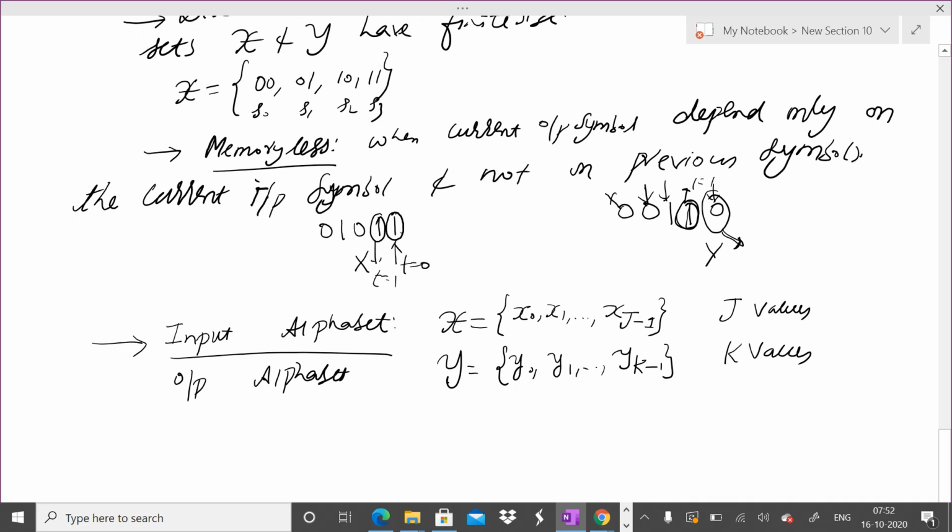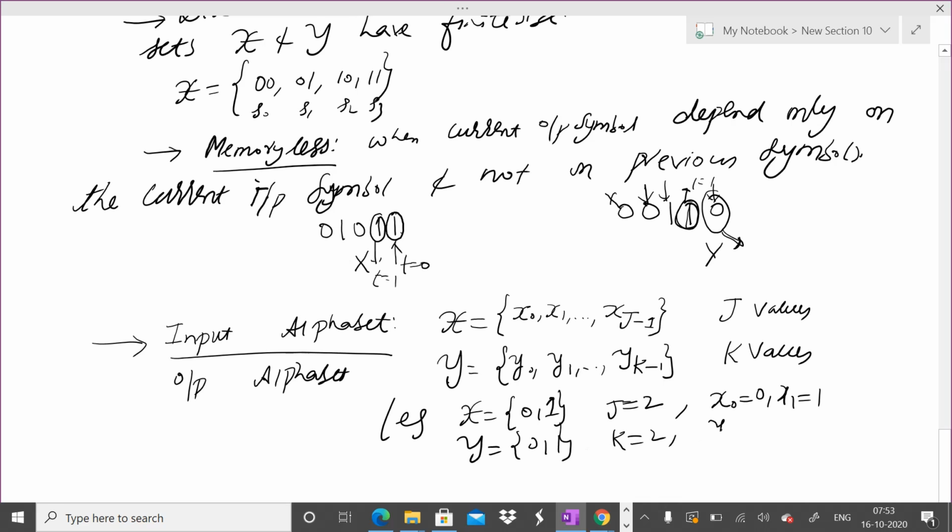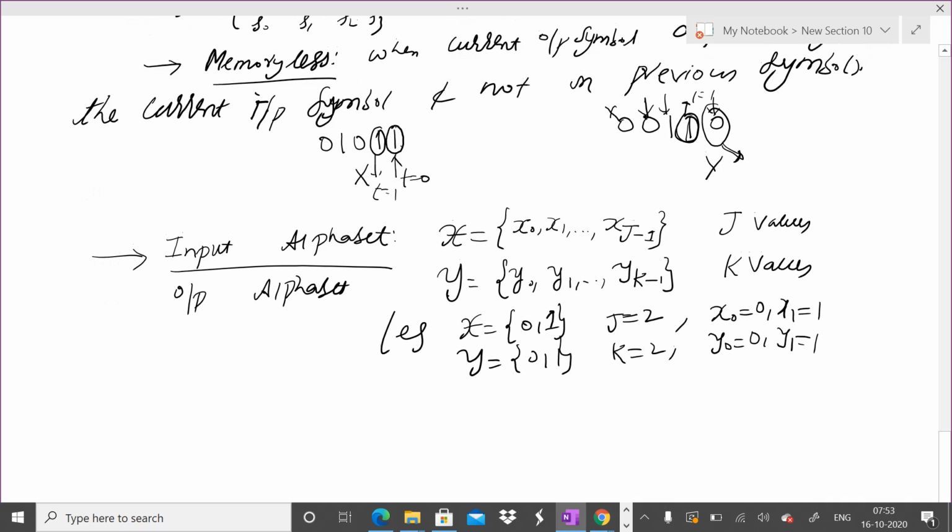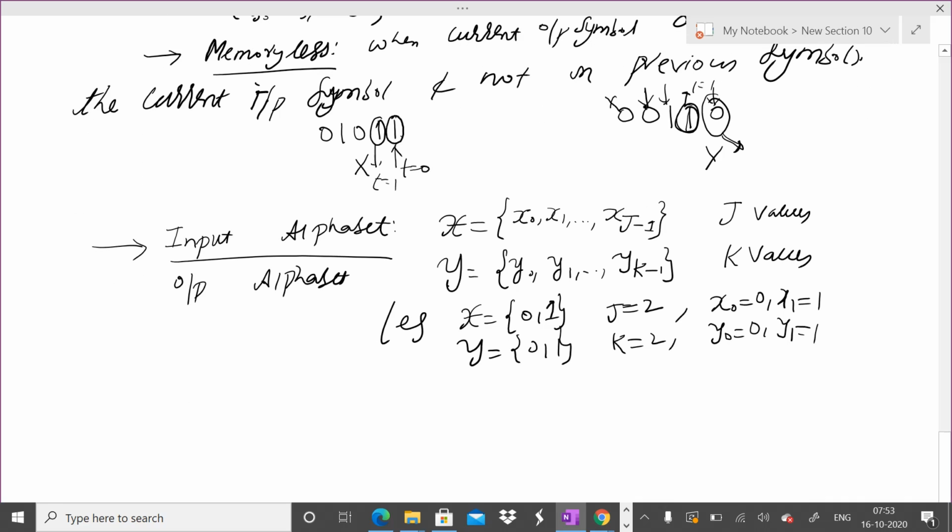As an example, with 0 1, j is equal to 2, x0 is 0, x1 is 1, and if y is also 0 1, then k is also equal to 2, y0 equal to 0, y1 equal to 1. Then we can have even more symbols, like combinations 0 0, 0 1, 1 0, 1 1.